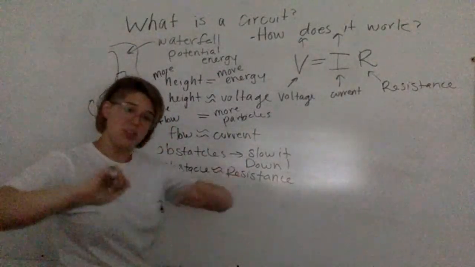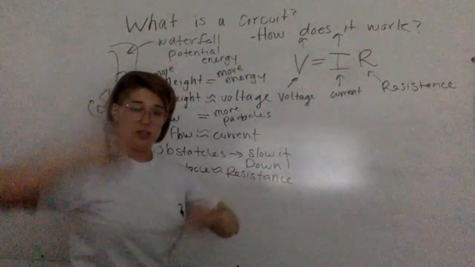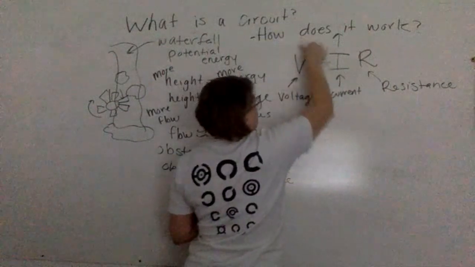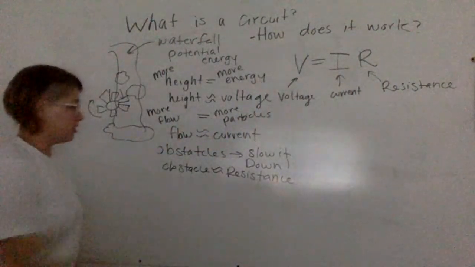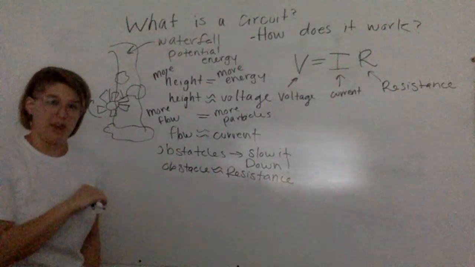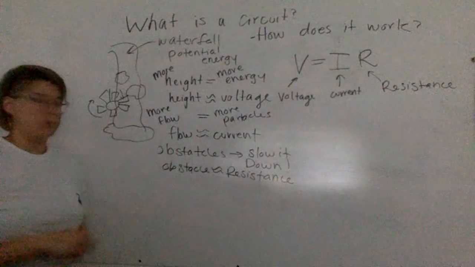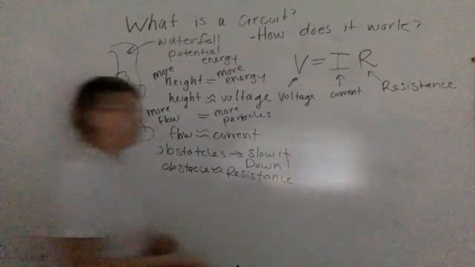Remember we talked about a directly proportional relationship. So the more voltage, the more current. The other relationship we want to talk about is the more obstacles I put in the path, the more resistance, the slower this is going to move, right? The more rocks and things I have getting in the way of the water, the slower it is.